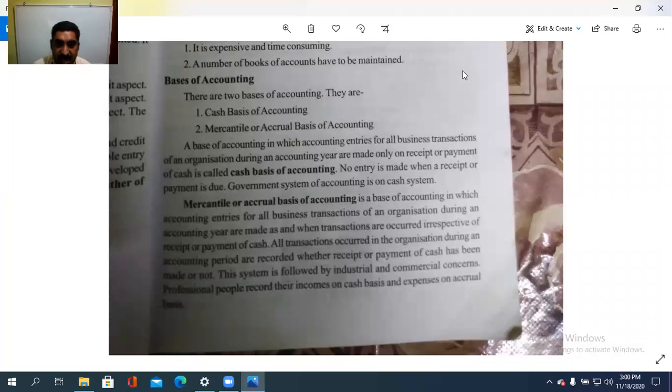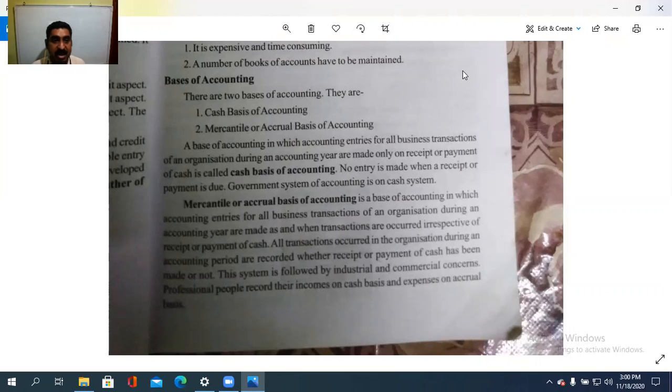So, mercantile or accrual basis means what? It is a base of accounting in which accounting entries for all the business transactions of an organization during an accounting year are made as and when the transactions occur, irrespective of the receipt or payment of cash. Even if the receipt or payment of cash is not there, the transactions are still recorded.